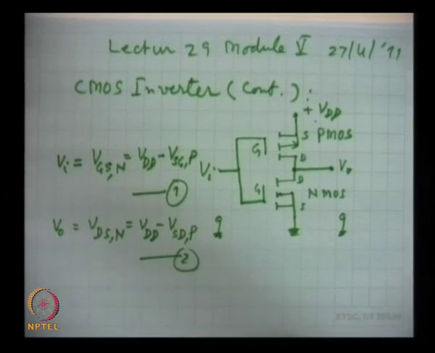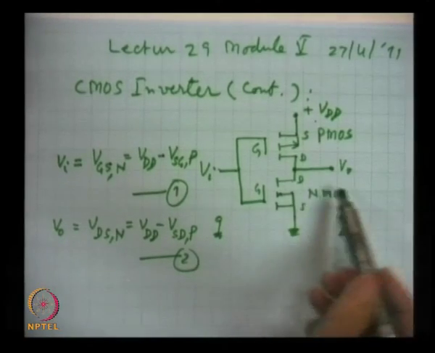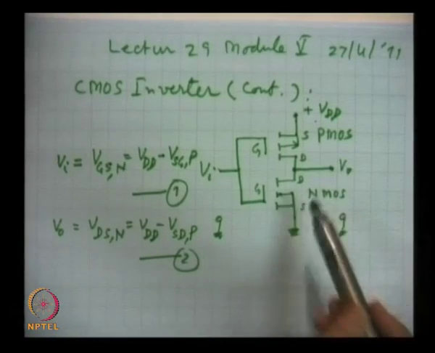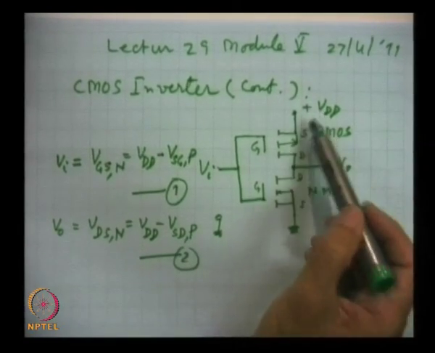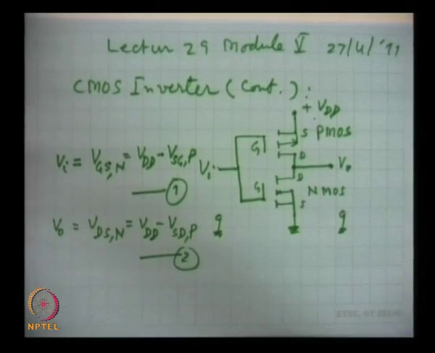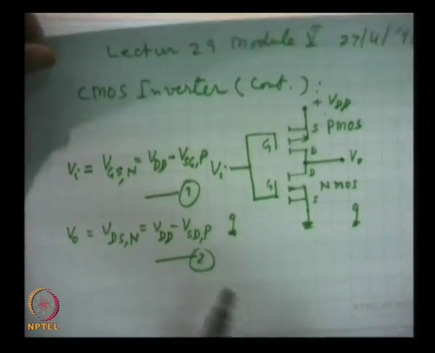These two equations we obtained the other day, which are simple expressions: V out is this voltage, which is equal to this minus this. So, these two equations we will be using later also.